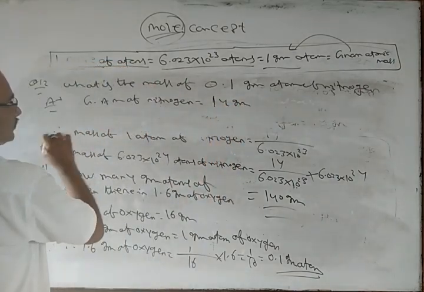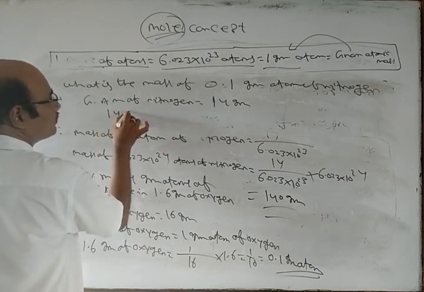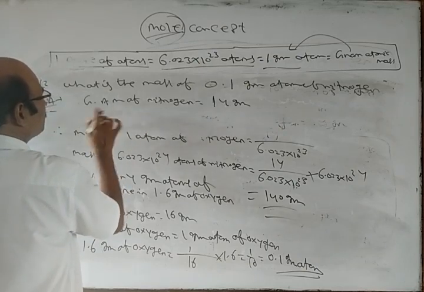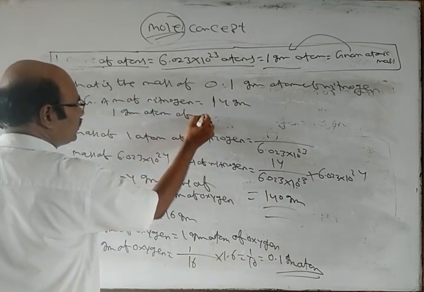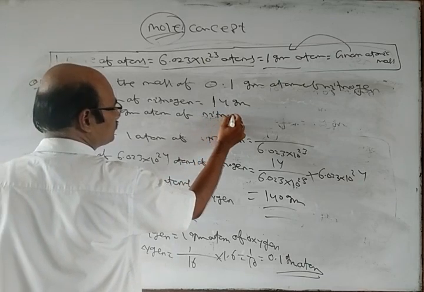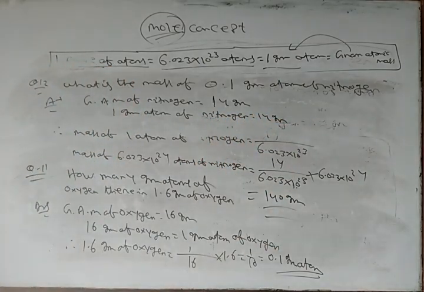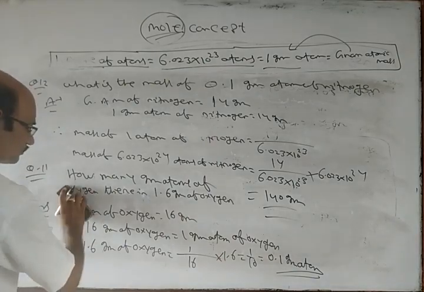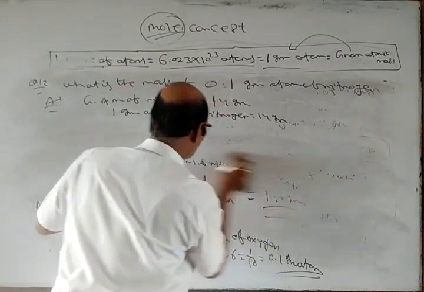That is what you know. 1 gram atom of nitrogen equal to what? 14 gram.